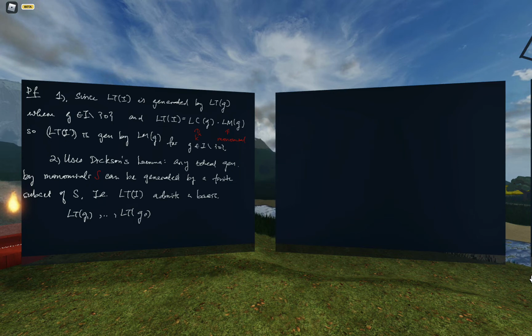I know we've used S as the default number of generators for a generating set of an ideal, but I'm not claiming any special number of generators, just that it's finite. So S is just some finite number not related to anything. So LT(I) admits a finite basis LT(g1) to LT(gS). So star follows.